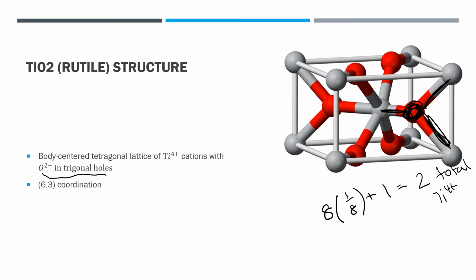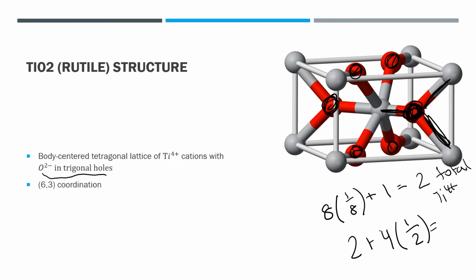So now let's count the number of oxygens in the structure. We have these 2 oxygens that are within the unit cell, which means they're owned solely by this 1 unit cell. But we have 4 of these oxygens that are on the faces of the unit cell, and when it's on the face, it's equal to half, right? Only half of it is owned by this unit cell.